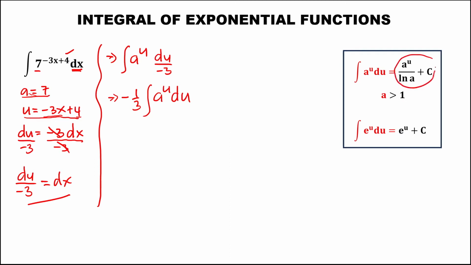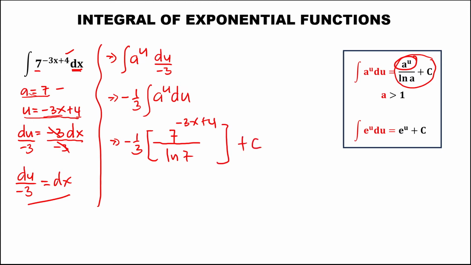Then we can use this formula. So this becomes negative 1 over 3, times a to the power u over ln a. Since a is equal to 7 and u is negative 3x plus 4, over ln 7, plus c.